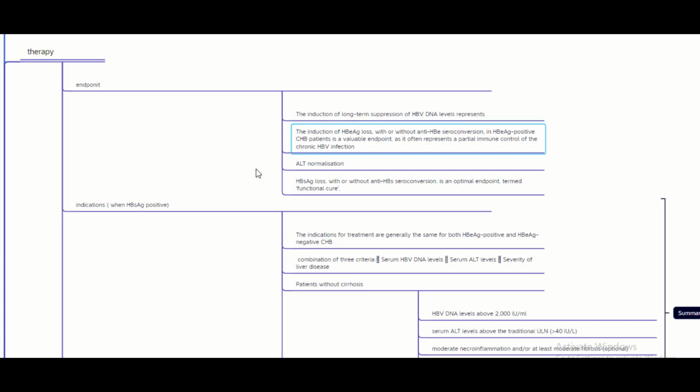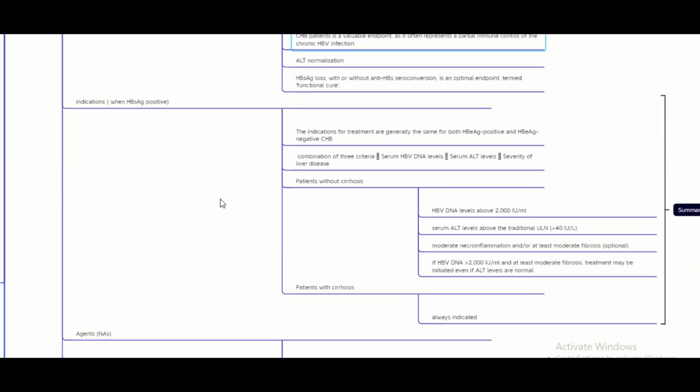So the indications to start our treatment are the same for HBe negative and HBe positive patients. Any patient with HBs antigen positive should go through these criteria.